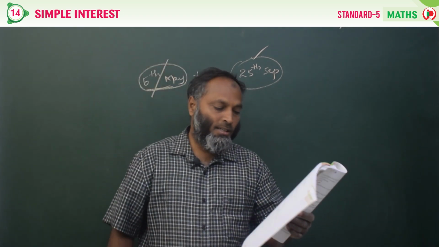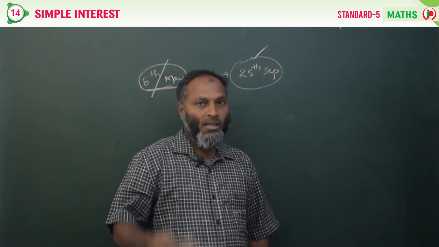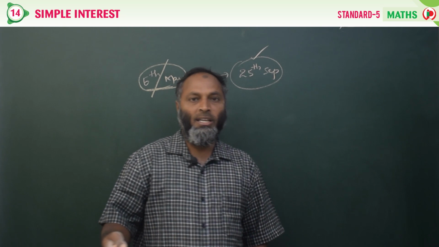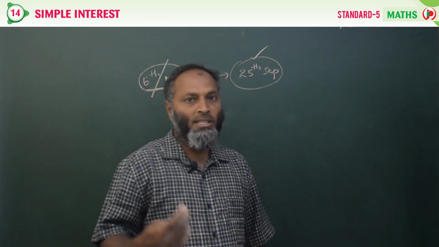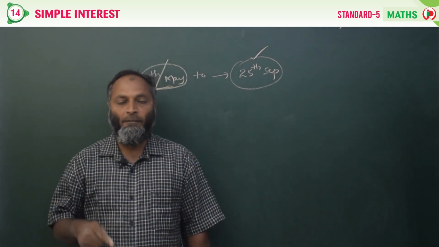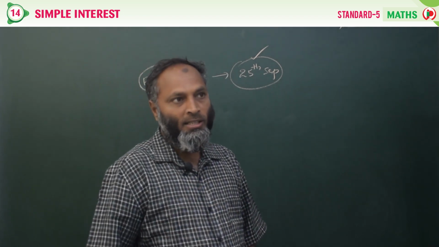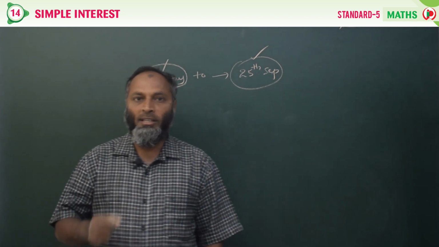The third one: for converting time in days into years, if some days are given, like 195 days or 138 days, and you want to convert these days into years, we should divide by 365. Why? Because in 1 year there are 365 days in a non-leap year. In a leap year there are 366 days.